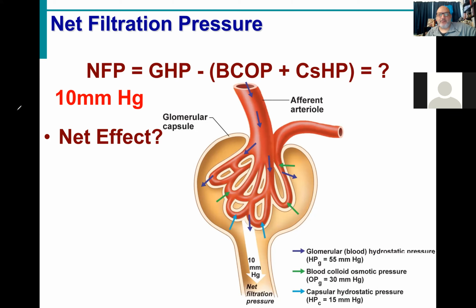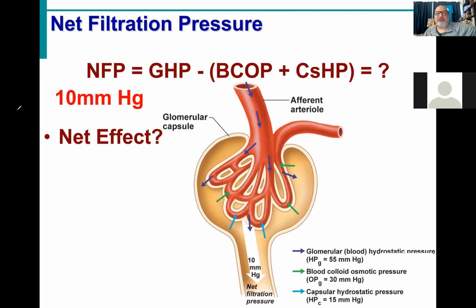What do you think? If my blood pressure suddenly goes from 120 over 80 to 125 over 80, is that a significant difference where I need to be rushed to the hospital? No, those types of changes are minimal, absolutely.